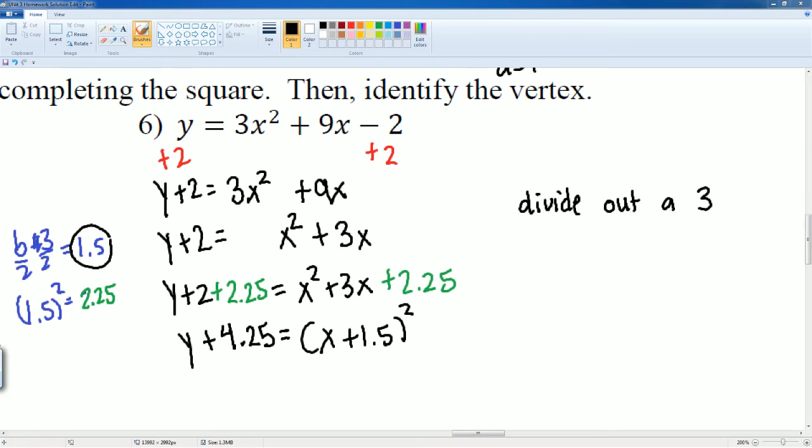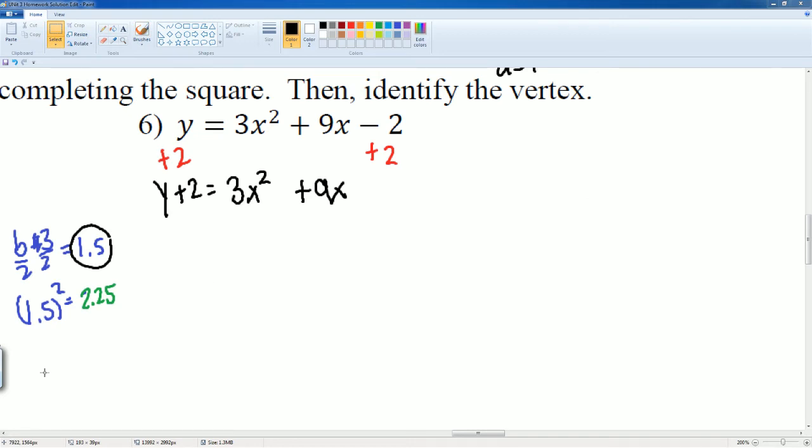Okay, give me 1 second. So I've got to redo this problem. It got weird, but watch. I'm going to factor out that 3, leaving you with 3 parentheses x squared plus 3x on the inside here.